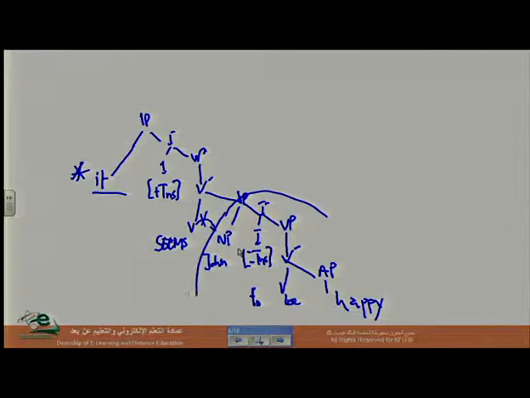Nor can it receive it from minus tense, because minus tense does not assign case, as we have seen in case assignment. So if it can't receive case from the verb, it can't receive case from the minus tense inflection, where can it receive it from? Certainly not in this position.